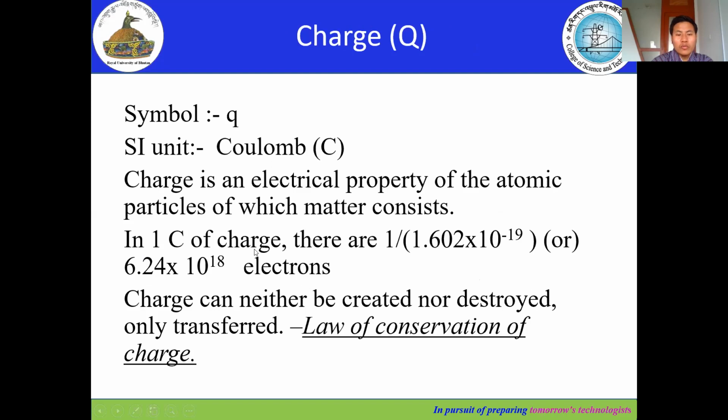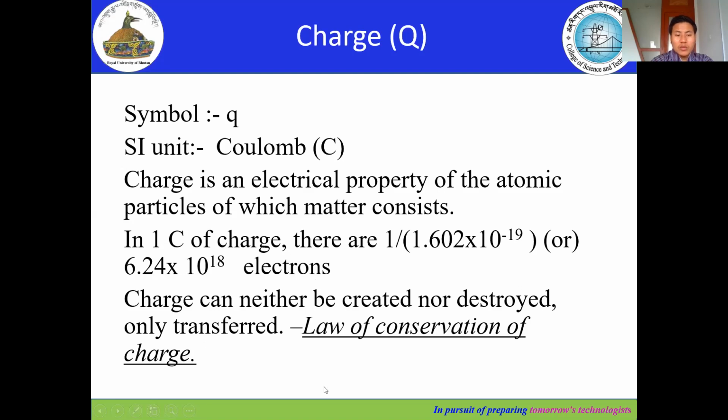In 1 coulomb of charge, there are this many electrons. Remember this statement: in 1 coulomb of charge, there are 1 by 1.602 times 10 raised to minus 19 electrons, or in other words, 6.24 times 10 raised to 18 electrons.